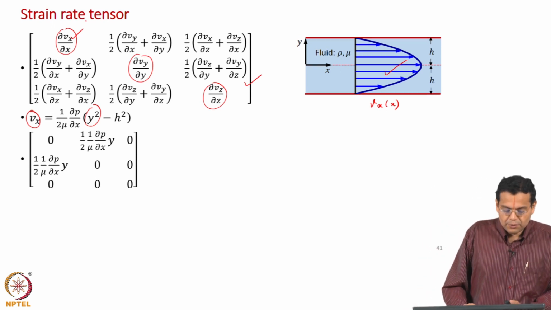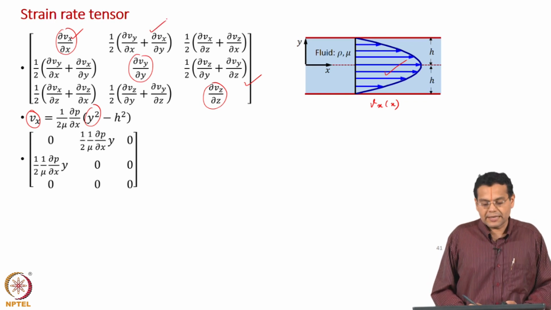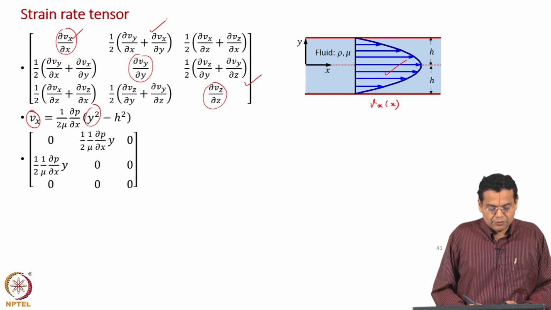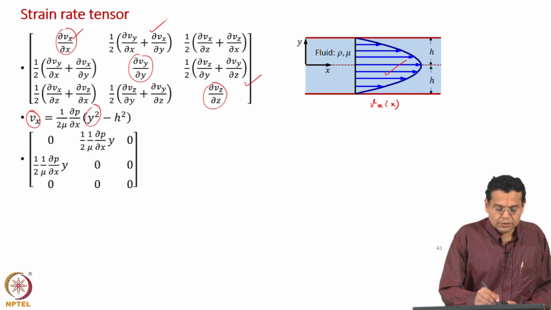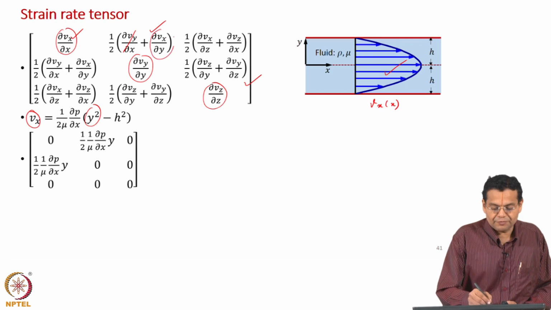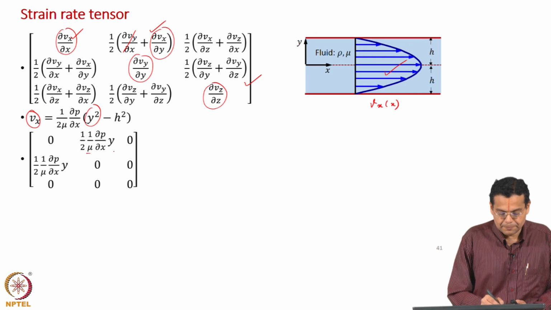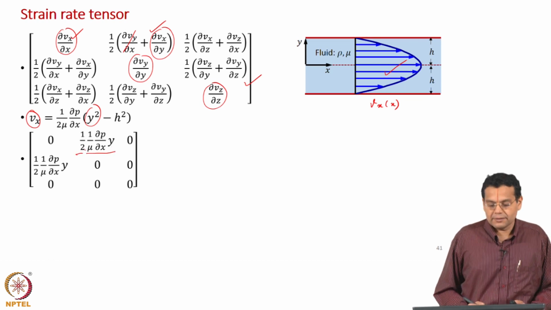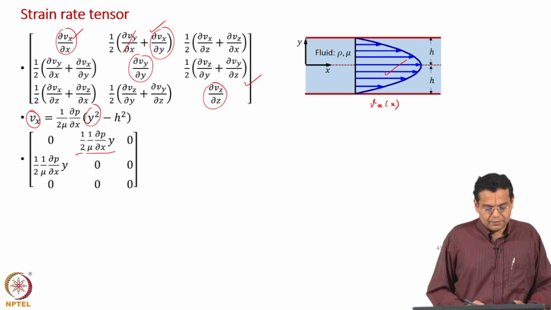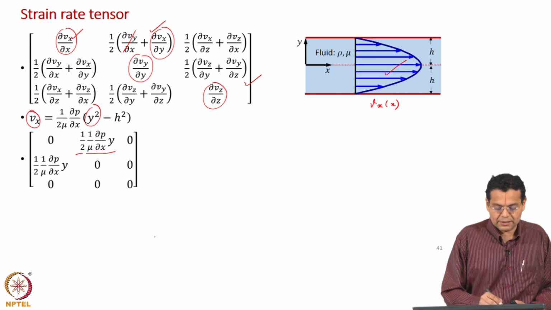Now coming to the off diagonal components of the strain rate tensor, of course Vy is 0, so this term does not contribute, so we differentiate Vx with respect to y, which is this term, and you have a half there. When you differentiate you have 2y, the 2 cancels out and this is left out, and then you have a half there.